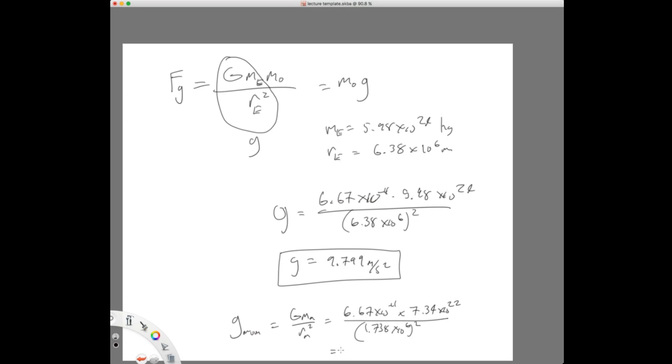I get 1.62 meters per second squared, which is basically almost exactly 1/6 of the g on Earth.